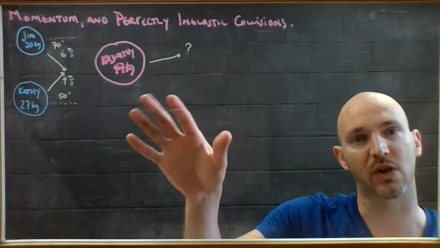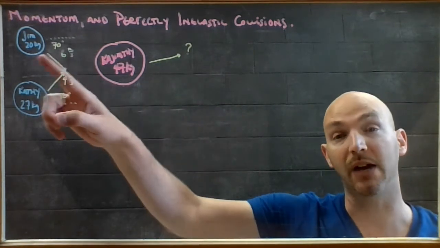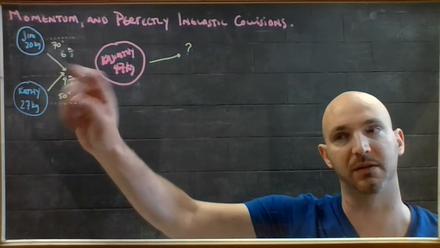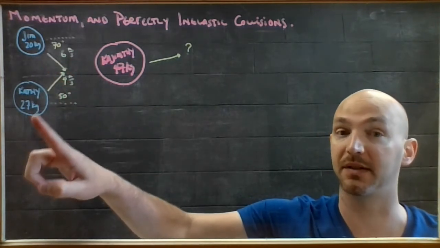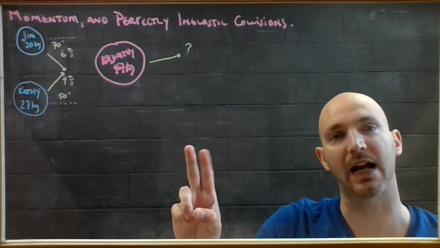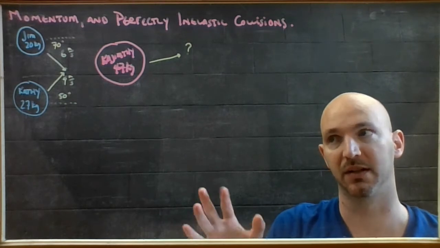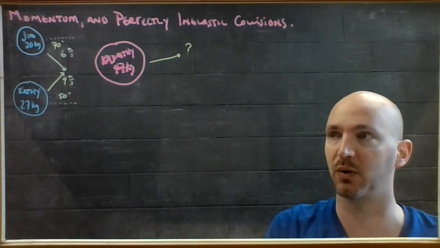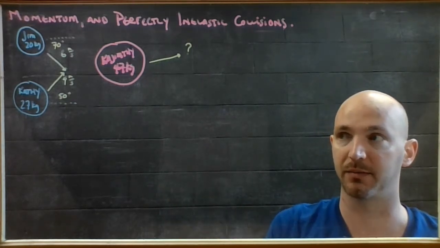So in order to solve this problem, I have to determine Jim's initial momentum, and I have to determine Kathy's initial momentum, and then I have to add them together as vectors, because there will be x and y components in this particular problem.